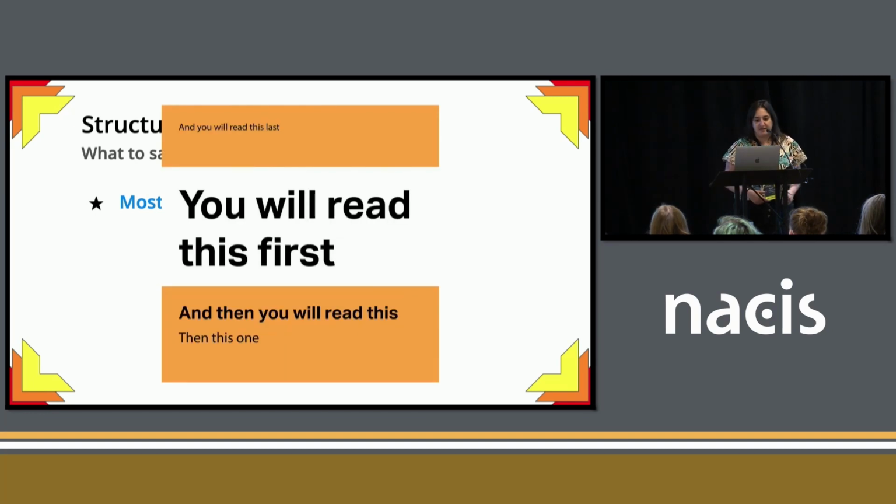I don't know if any of you have seen this, but I guarantee you read the first part first, and the second part second, and the third part third, and the very top last, because that's how our brains process. Similar to a visual hierarchy in a map, the most important things come first. So even if it's not technically in that order, like it is on this graphic, when you're writing, you really want to put the most important information first.